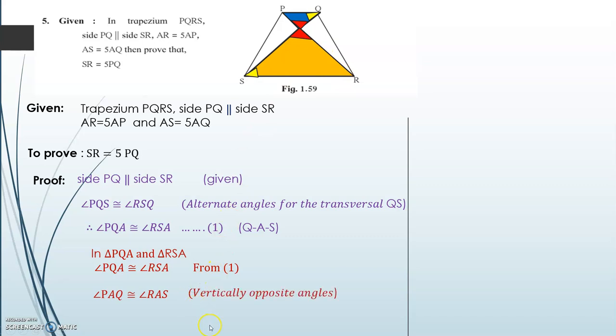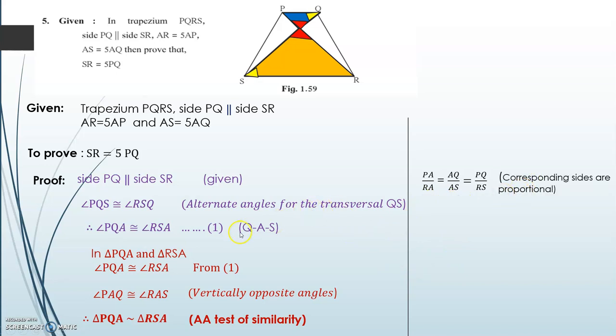The reason is vertically opposite angles. So the two triangles PQA and RSA are similar by the AA test for similarity. Now, whenever the two triangles are similar, we can write the corresponding sides, that is PQ upon RS is equal to QA upon SA is equal to PA upon RA. The reason will be corresponding sides are proportional.